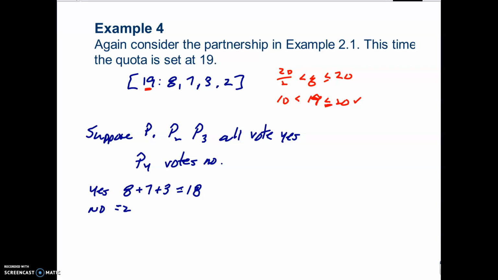Let's suppose, instead of players 1, 2, and 3 voting yes, it's players 2, 3, and 4 voting yes. So 2, 3, and 4 gives us a total of 12, right? Player 1 would be a no. Player 1 is the only no vote. Notice player 1 can keep it from passing.